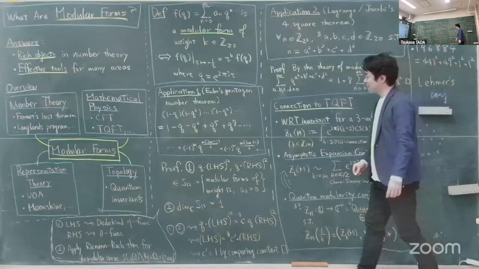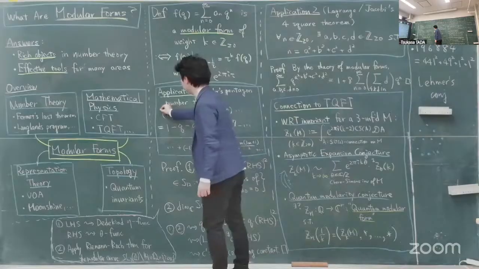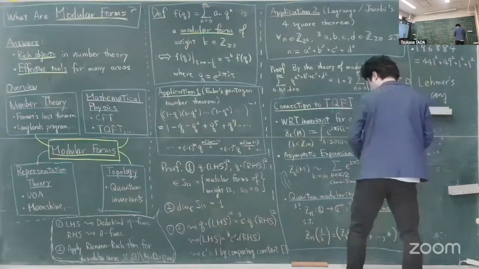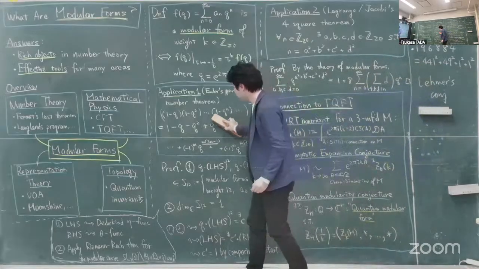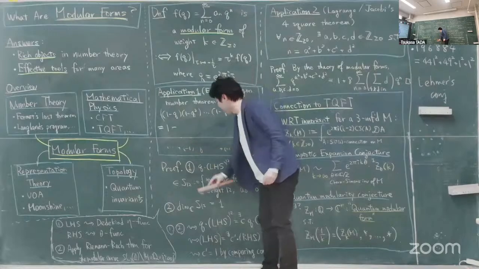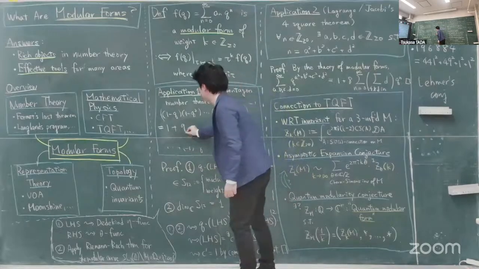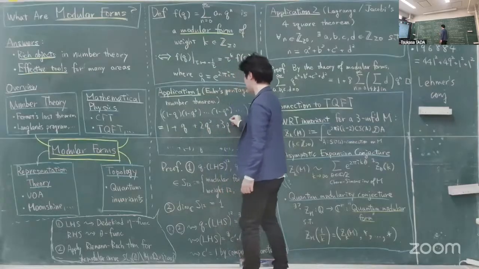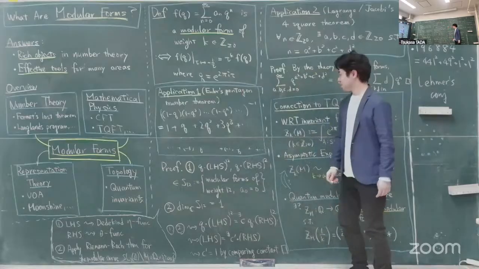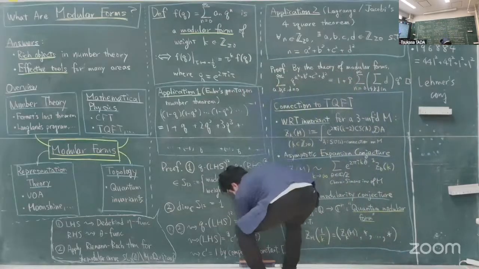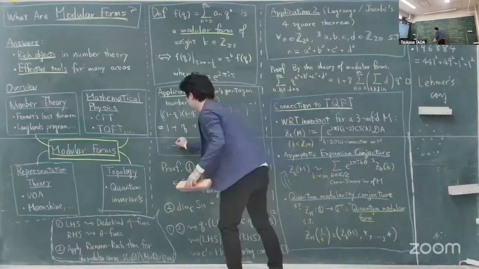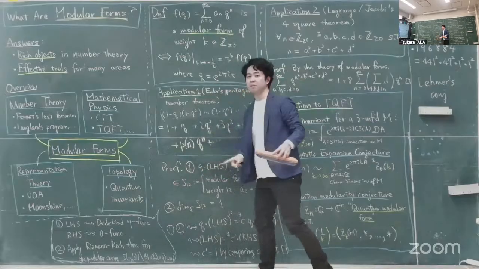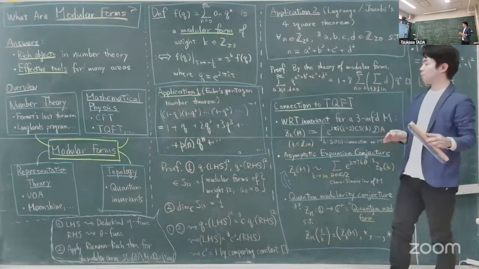So we consider the inverse of this, and then we have another expansion like this. In general, this Pn equals the number of partitions of n.